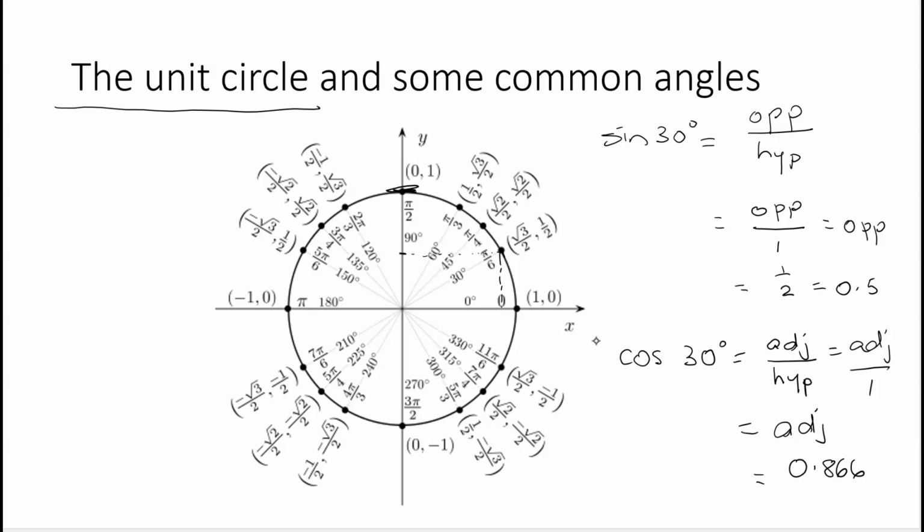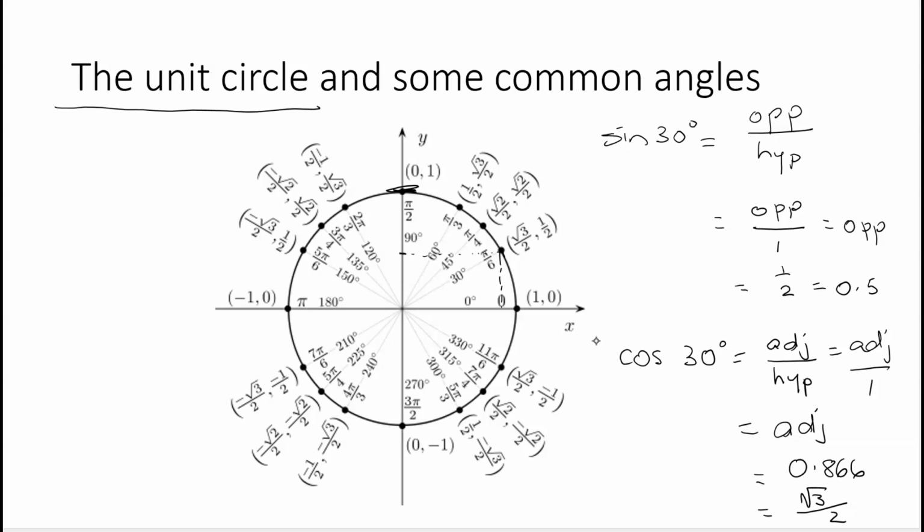Now, if you were using the triangles that we did in class 1, then you'd also know that that was root 3 over 2. So whether you're using a ruler very carefully, or whether you have memorized the ones from the previous class or 2 previous classes ago, that's the value.